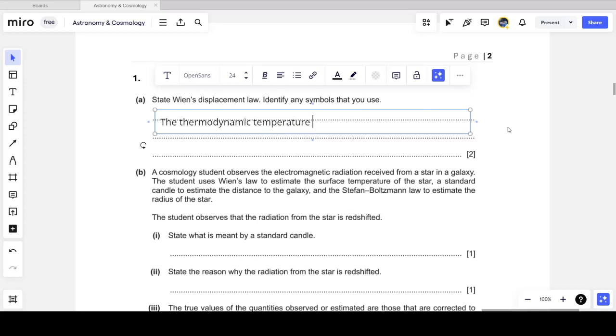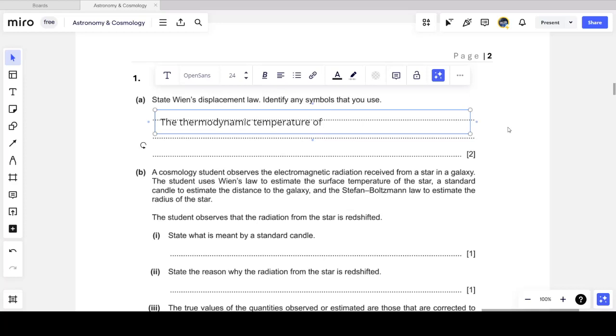Or you can say the thermodynamic temperature of the surface of a star is inversely proportional to the wavelength that emits at the highest intensity. So something to do with the rate at which photons of that wavelength are being emitted. The wavelength of highest intensity is inversely proportional to the surface temperature of the star.